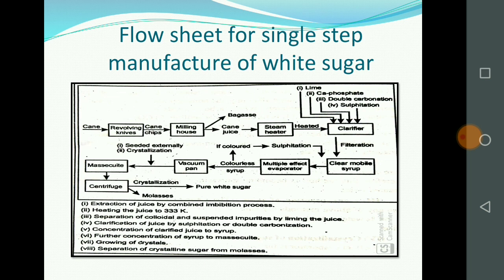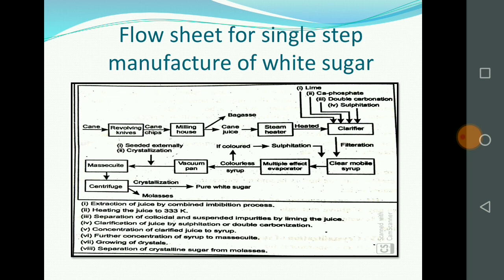Bagasse is the spent cane or cane residue expelled from the last mill of the mill house after the complete extraction of juice. It contains 52 to 58% of solid, including some sucrose, and the rest water.